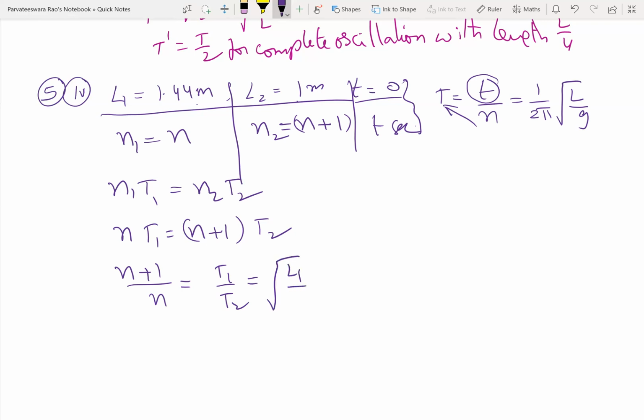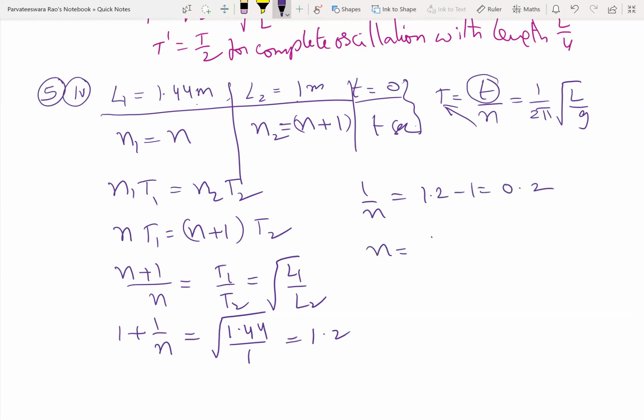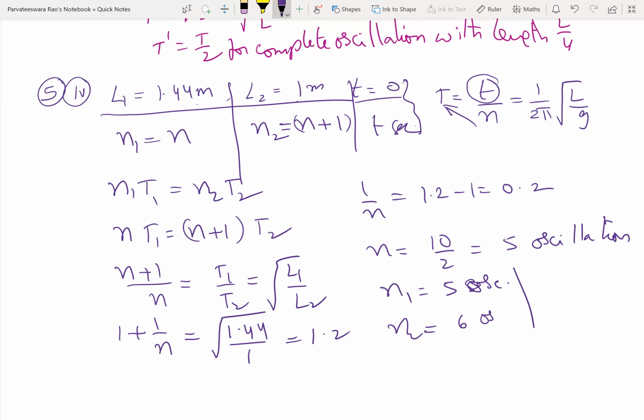According to the first law, it is root L1 by L2. So this is 1 plus 1 by N is root 1.44 by 1, that is 1.2. So 1 by N is 1.2 minus 1, that is 0.2. So N is 10 by 2, that is after 5 oscillations. So the first pendulum makes 5 oscillations, the second pendulum makes 5 plus 1, 6 oscillations. Again they swing together.